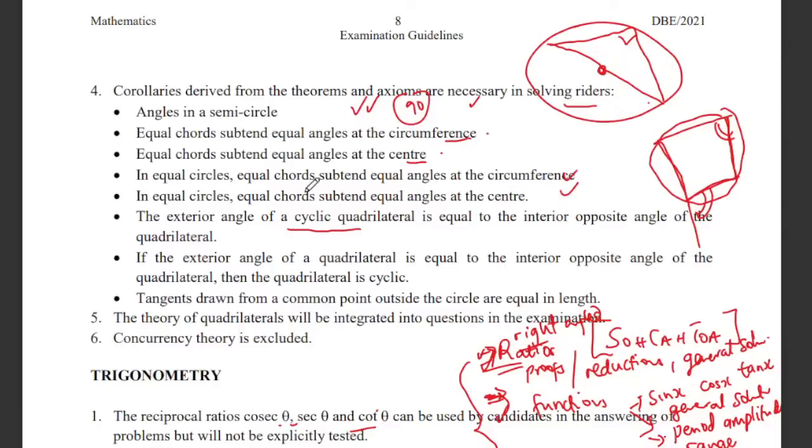Then we need to know that the opposite angles are supplementary, so that the exterior angle of a cyclic quadrilateral is equal to the interior opposite. That's what we said. But this can come under the proofs, where they ask you to prove that the shape is a cyclic quadrilateral. Remember, we have 3 ways of doing this. Number one, you can use the exterior angle property. You can use the opposite angles being supplementary.